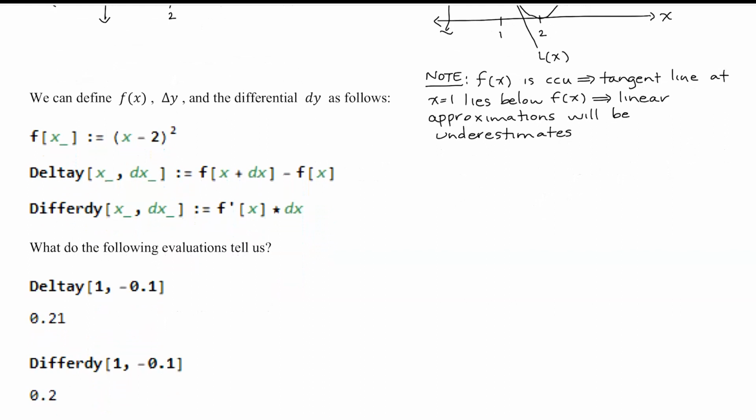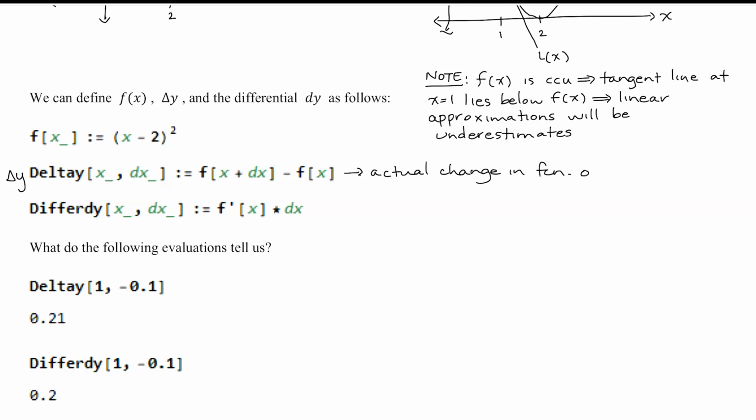All right, so here's some code, and again, if you haven't already done this, you might want to pause the video and get this stuff entered in Mathematica. So let's see if we can understand what this is. First of all, hopefully it's clear by the name, but I've defined here delta y. That is the actual change, f of x plus delta x minus f of x.